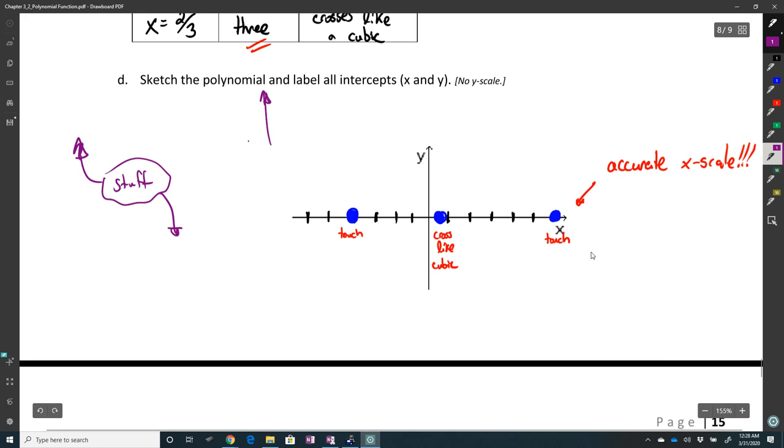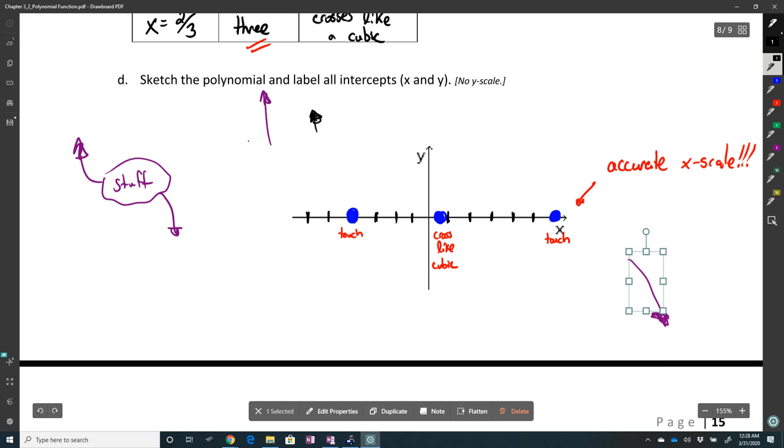It's going to be going downwards over here. So if I'm creating my graph, I know that my graph has to go up. It has to be coming from above here. But it has to touch.